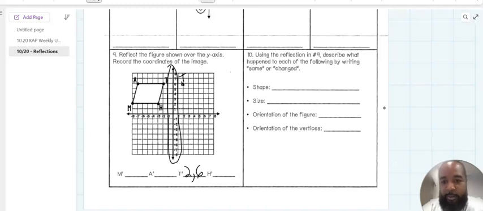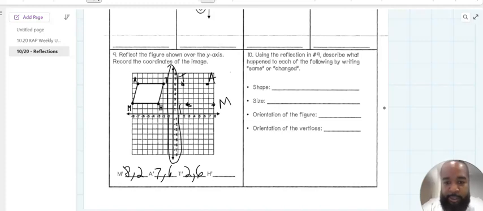Okay, if A is -7 comma 6, well, A would be 7 comma 6. Then we'll put my point up there. There's my A. M, if it's at -8 comma 2, the new M would be at 8 comma 2. There's my M. And then H, if it's at -3 comma 2, then it's going to be at 3 comma 2.